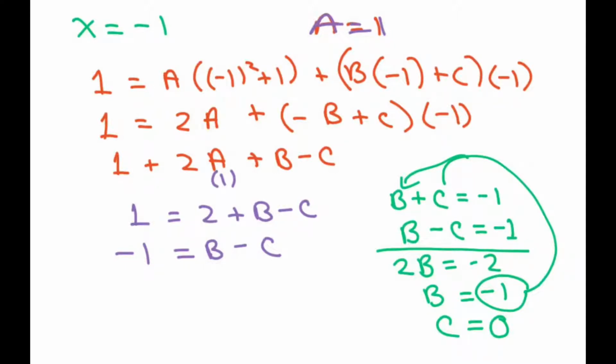Now, since we have A equals 1, B equals negative 1, and C equals 0, we can substitute them back in, and we get 1 over x times (x squared plus 1) equals my A, which is 1 over x, plus B, which is negative 1, times x.